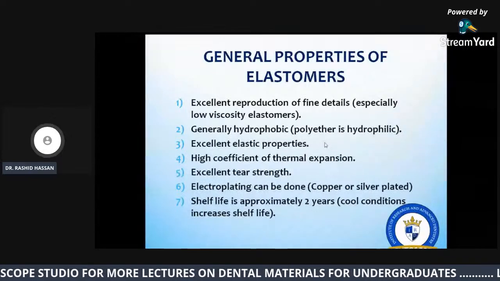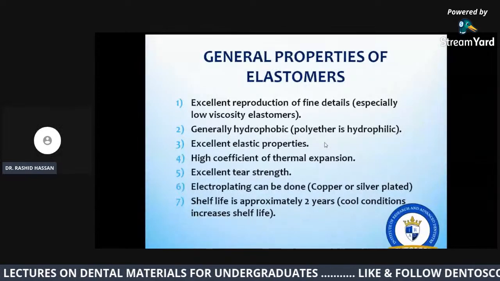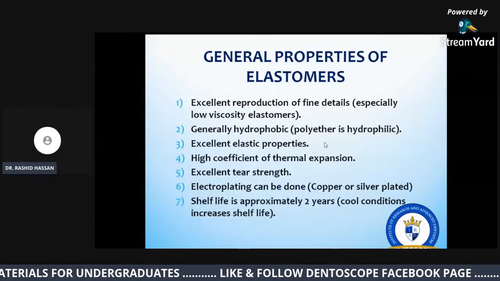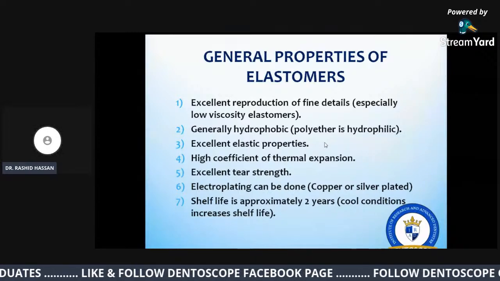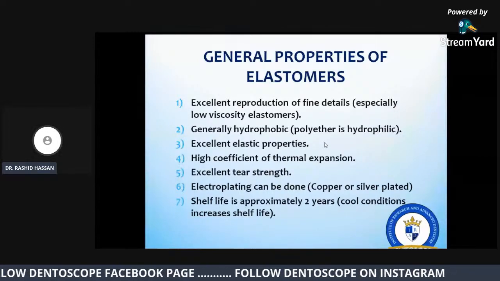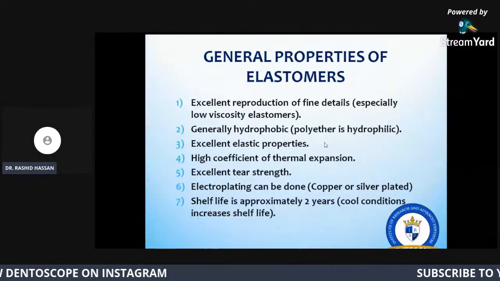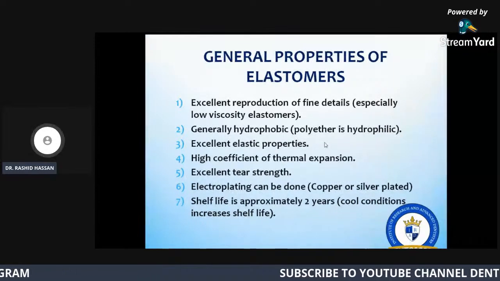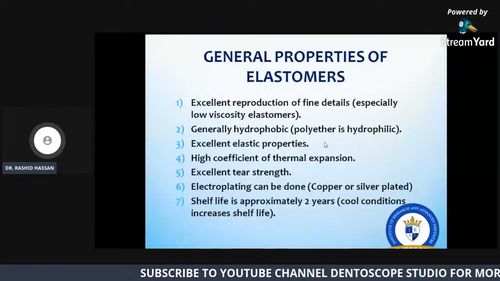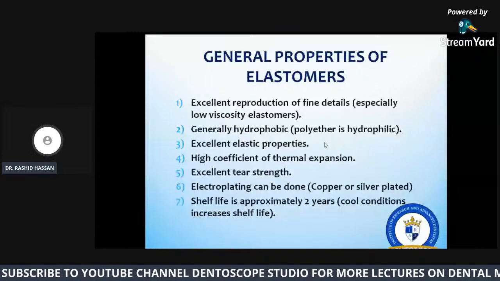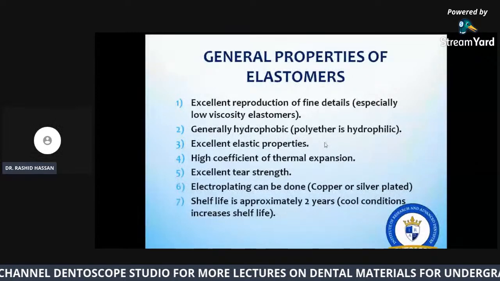And these elastomers also have better properties than their predecessors. The main property is the elastic one. We wanted a material which could record all the undercut areas, and the elastomers are simply those materials.